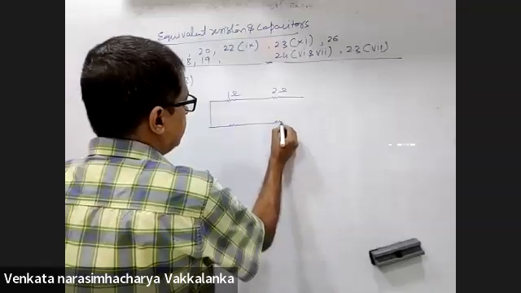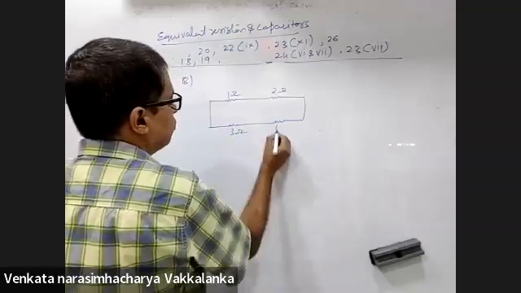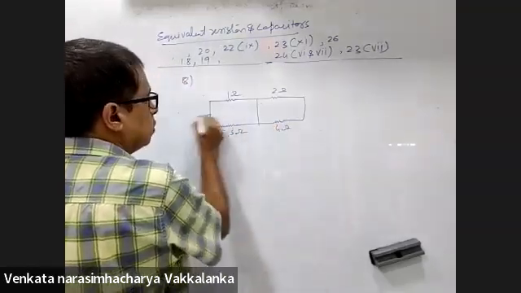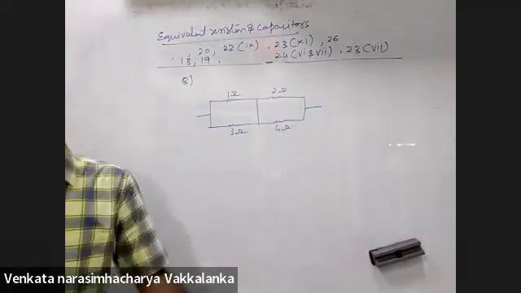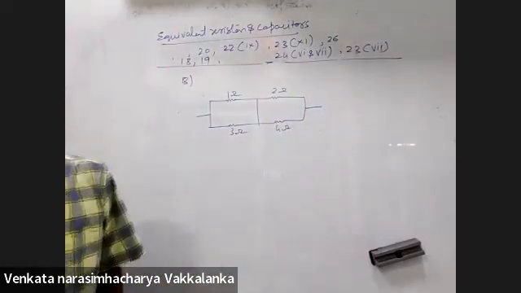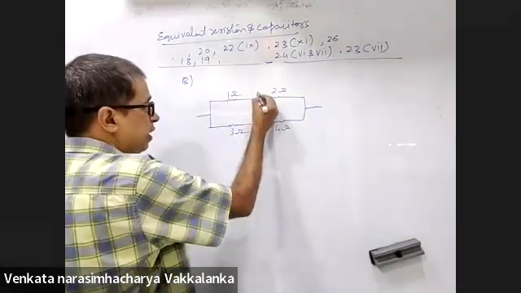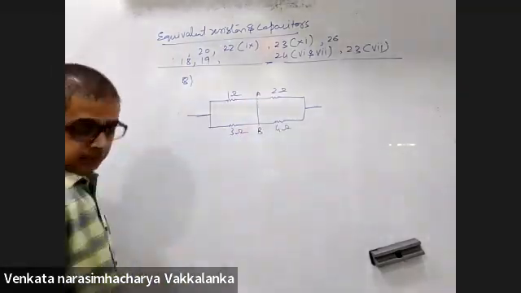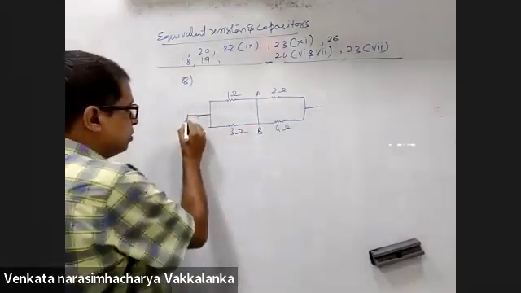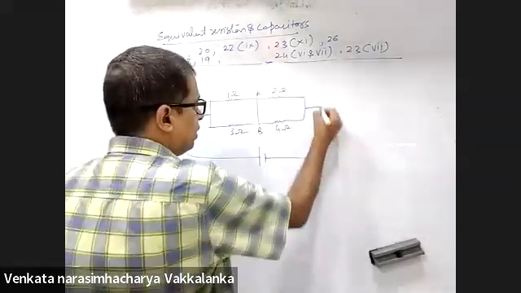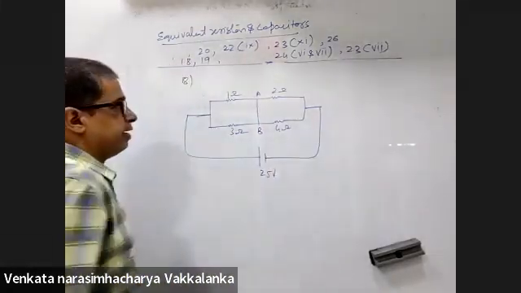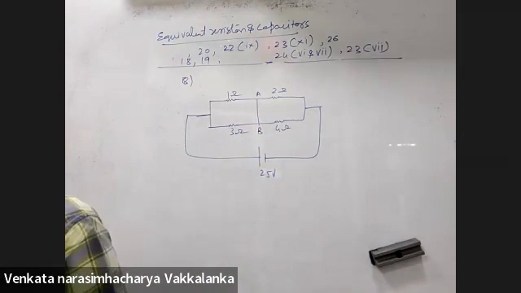This is 3 ohms. This is 4 ohms. This is A, this is B, and this is a 25 volts battery. Find the current flowing to the segment AB of the circuit shown in the figure.